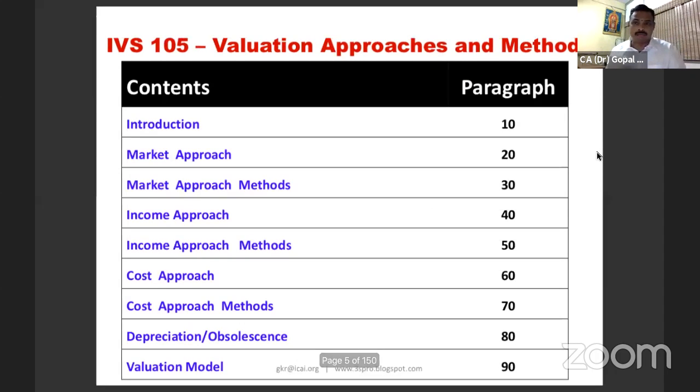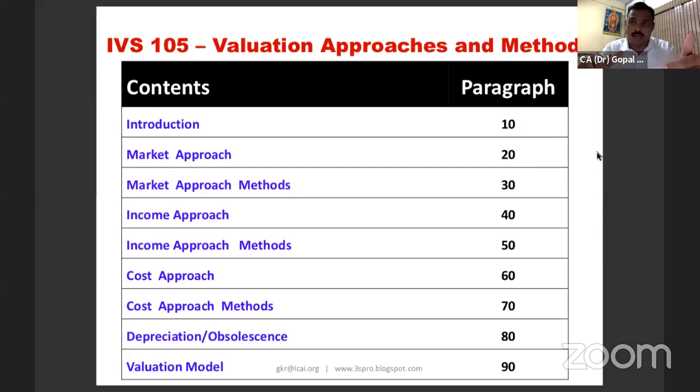Now, with this backdrop, I will take you through. I will personally recommend you to have a printout of the IVS 2020, which is applicable from 31st of January 2020. A physical copy, so that in many places we can refer to it to understand what the standard actually prescribes.